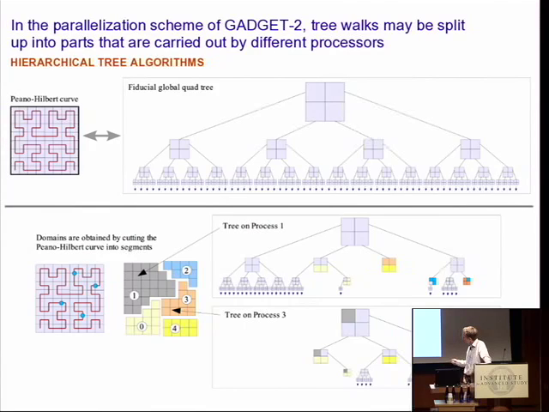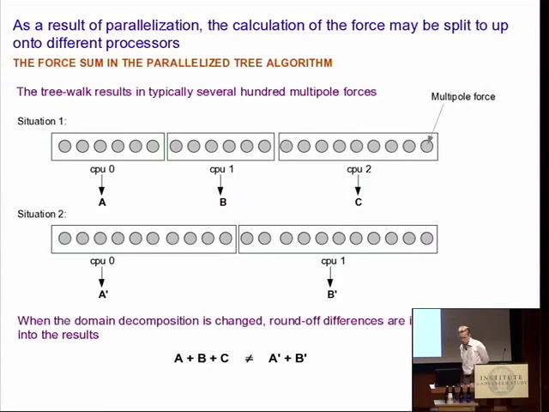Why? Because of the way the tree forces are assembled, we basically have partial trees on different processes, and that means that any given force on a particle will be the sum of individual particle-multipole interactions. So you have partial forces for a node and a multipole that's represented here by these circles.